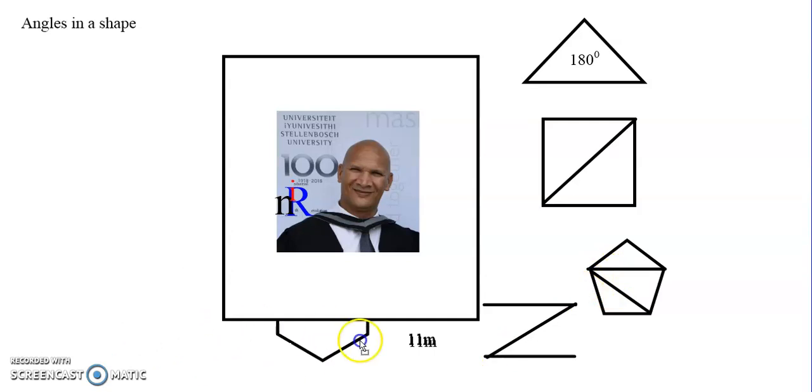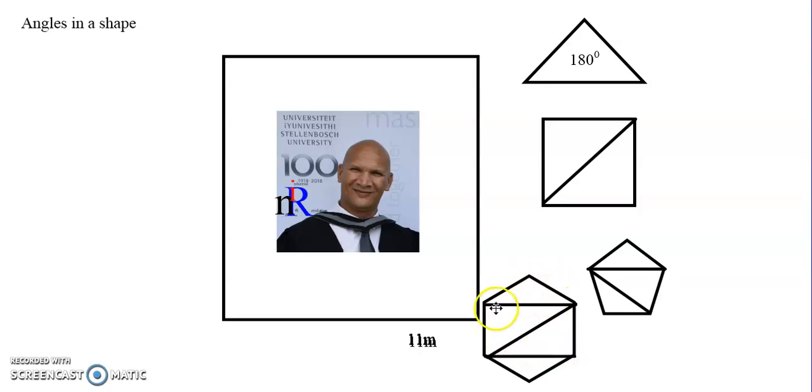Then, when I go to a hexagon and I divide this into triangles, I see a 6-sided object which has 4 triangles inside, each one of them having 180 degrees inside.